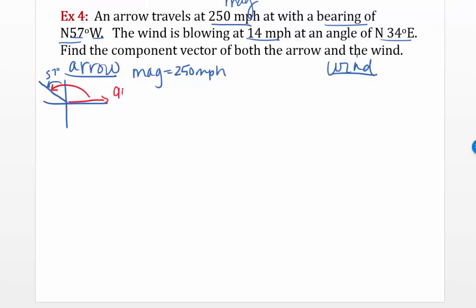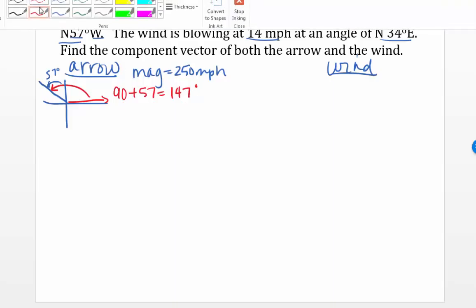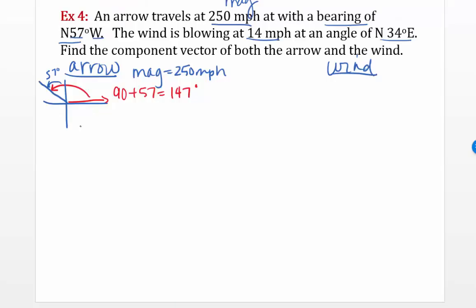So that would mean it would be 90 plus 57, which gives me 147 degrees, all right? Now, put this in the formula. I'm going to take my magnitude, which was 250, and multiply the cosine of 147 and the sine of 147. Okay, and then just crunch the numbers.